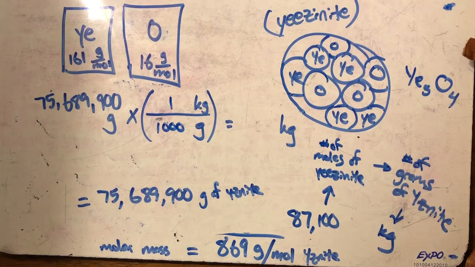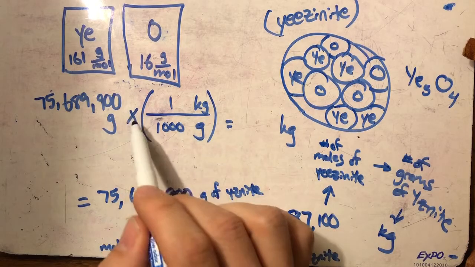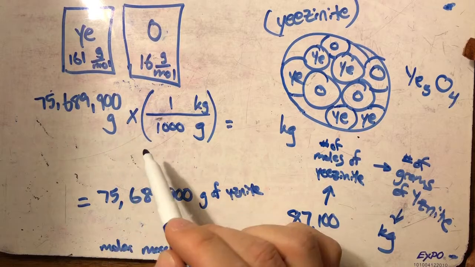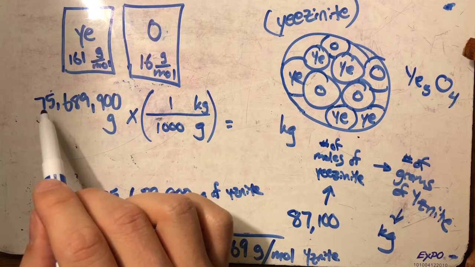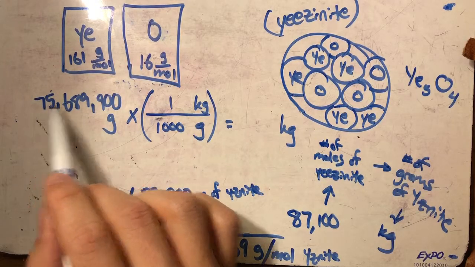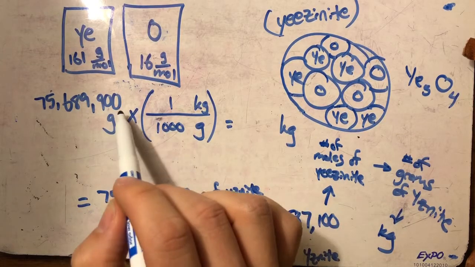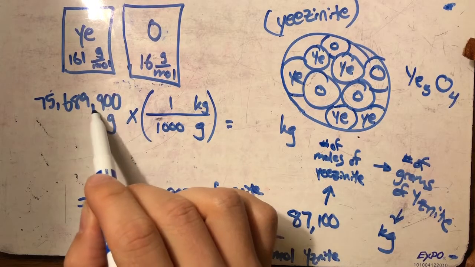And so when we do this math, you can do it 2 ways. You can do the multiplication first and the division second, or the division first and the multiplication second. So what ends up happening if we do multiplication first, we get this number times 1, so we get that number, divided by 1,000, which means if the decimal place is here, we would move it 3 places to the left. 1, 2, 3.